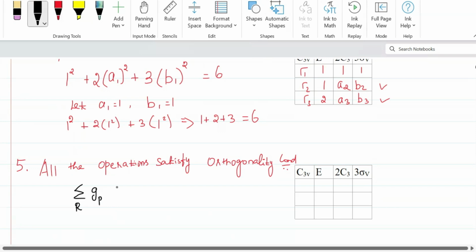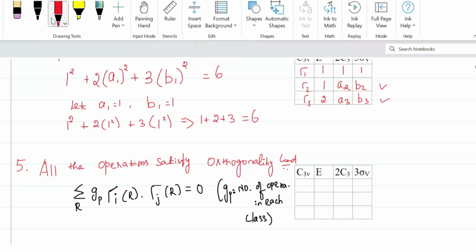Then the character of the ith irreducible representation of any symmetry operation, multiplied by the character of the jth irreducible representation of that symmetry operation, should be equivalent to what? 0, orthogonal. It should be 0. And as I said, gp is the number of symmetry operations in the class.